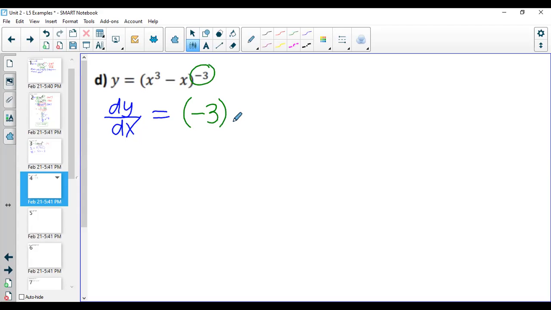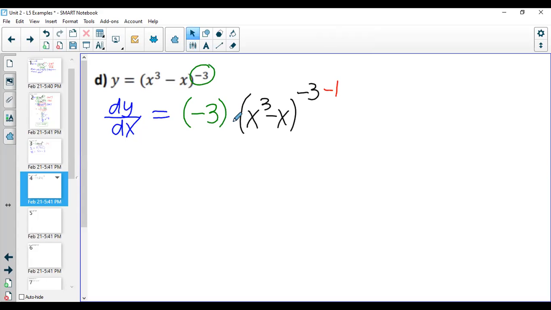However, for the inside function, it's going to be more complex than when we were just dealing with monomials. So I have x cubed minus x to the power of -3. Now that power of -3, I have to subtract 1, multiplied by the inside function.